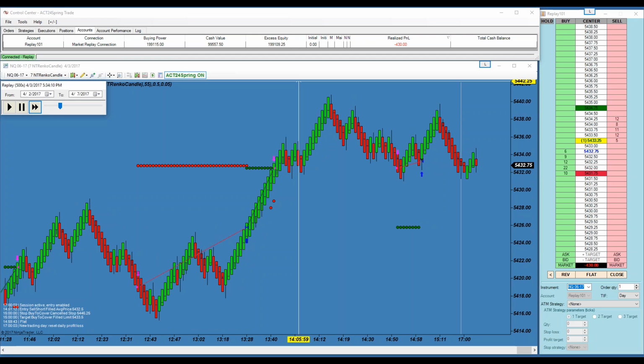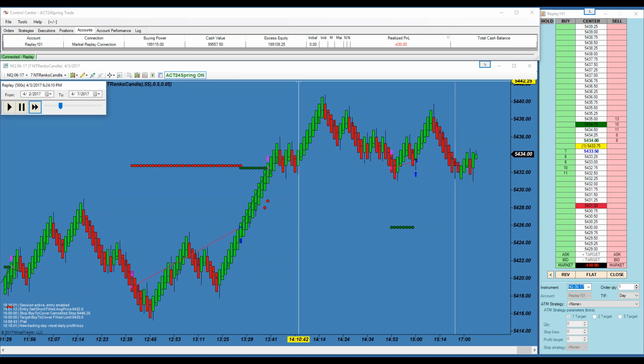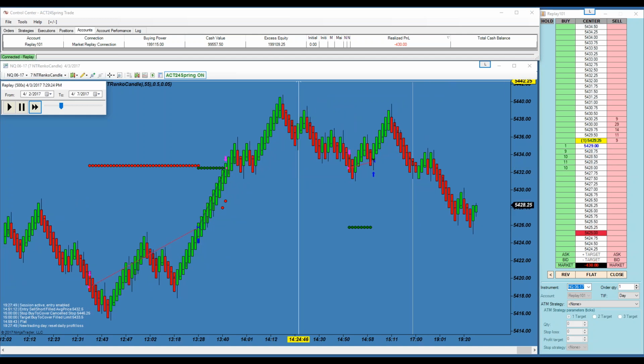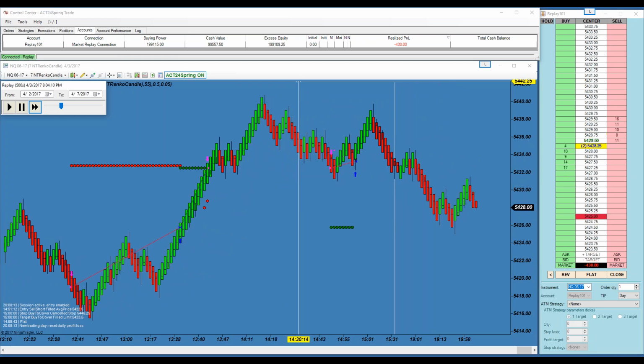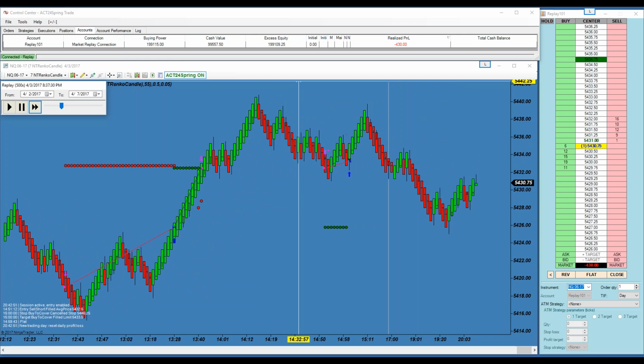The market's back open after a 45-minute closure. Now we're looking for that blue line again.